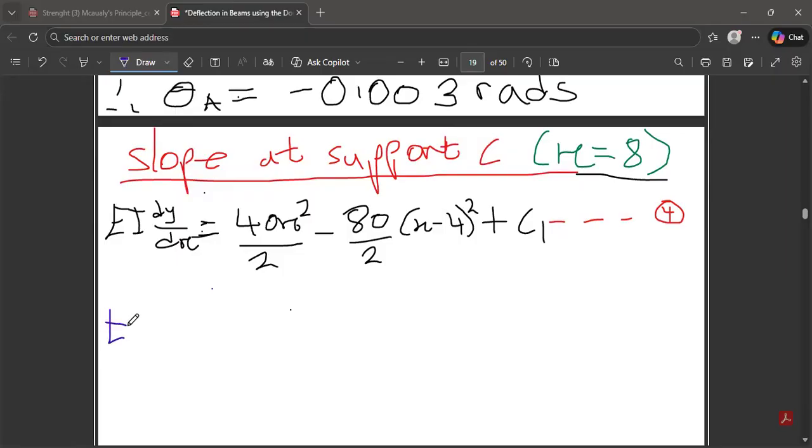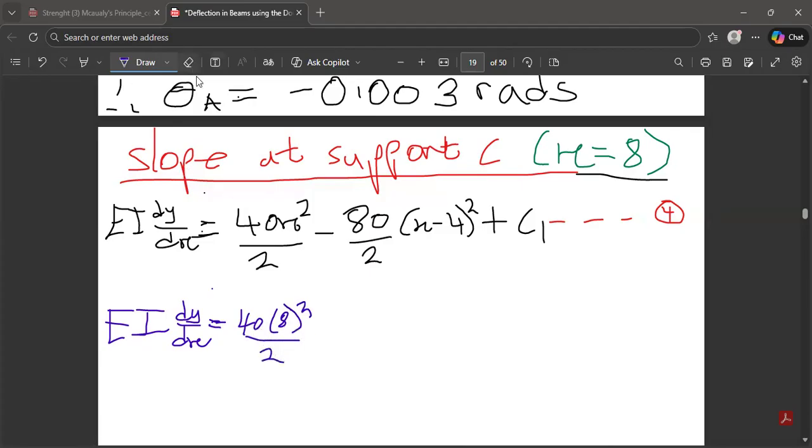You're going to get EI dy dx equal to 40, now let's put the 8 into the bracket, all squared, all over 2, minus 80 over 2.